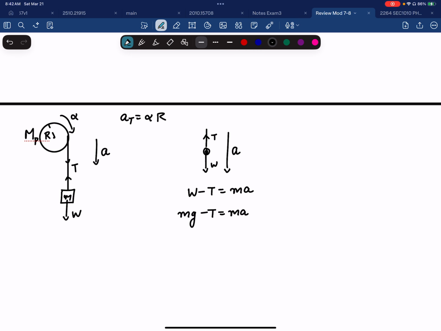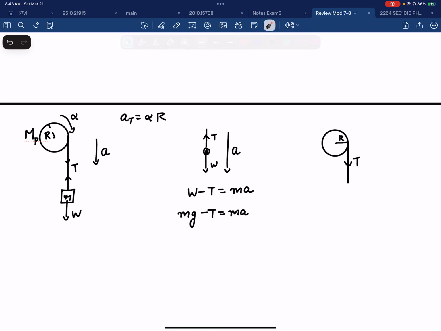Now let's go for the pulley. For the pulley, first of all, what we have to figure out is the effect. So what is the effect? There is a point of contact. The point of contact is always at the edge of a pulley, and most of the time you will see that this tension is tangential in nature.